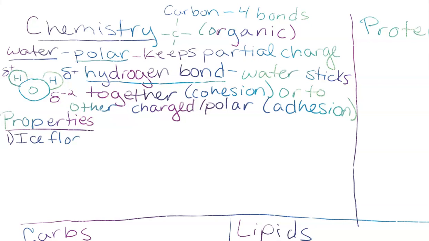Other solids sink because solids by nature are more dense than liquids. So if you put a solid in its corresponding liquid, it should sink. But ice floats. Why? Because the hydrogen bonds snap out and make the ice less dense. So hydrogen bonds spread the molecules out.